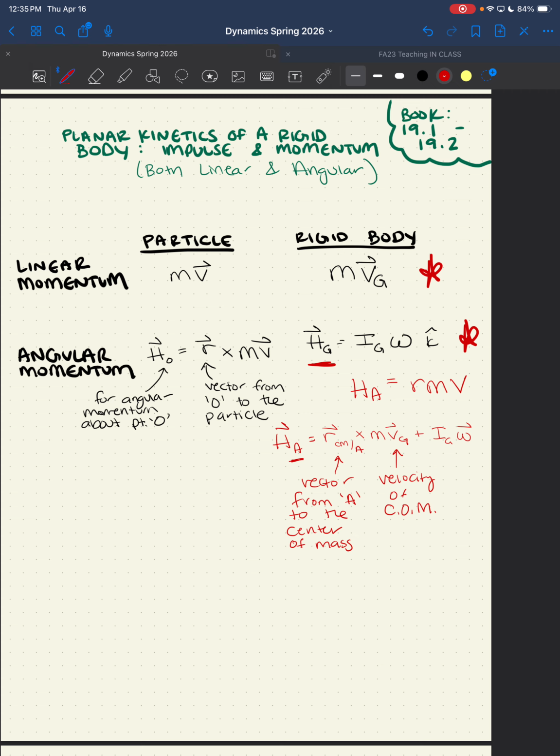We've really stuck to only looking at rigid body kinetics in 2 dimensions, which means that we have usually sum of forces in the x, sum of forces in the y, and sum of moments about the z-axis through some point, right? Exact same thing happens with our momentum equations. We have a linear momentum in the x, a linear momentum in the y, and we have angular momentum about a z-axis that goes through some point, okay?